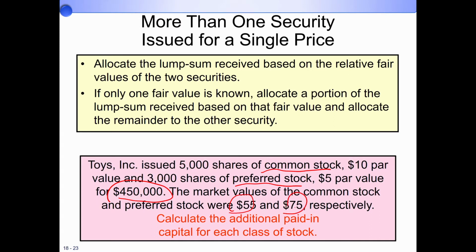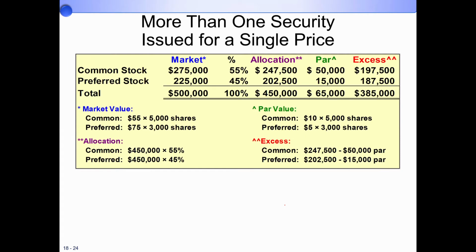Okay, so you calculate the market value of common stock, 5,000 shares times 55, that's the total market value of common stock. That's 3,000 times 75, that will be the total market value of preferred stock. So that's how we get these two numbers. And you add together, that's the total market value. And then you calculate the percentage. So 275 divided by 500, that is 55%, and 225 divided by 500 is 45%.